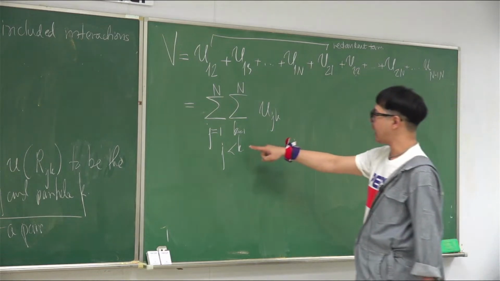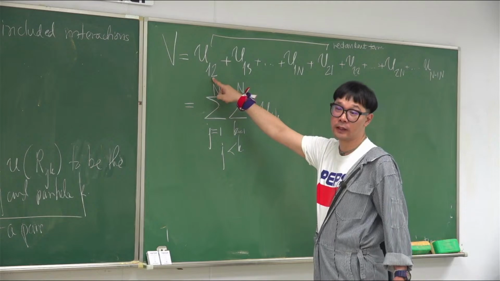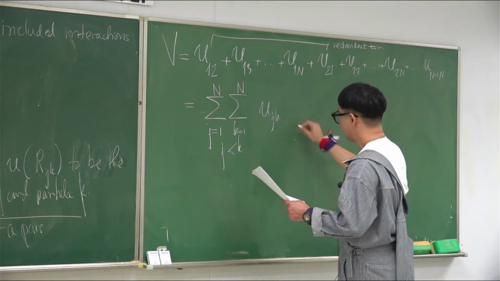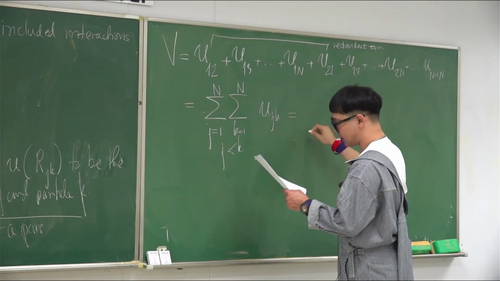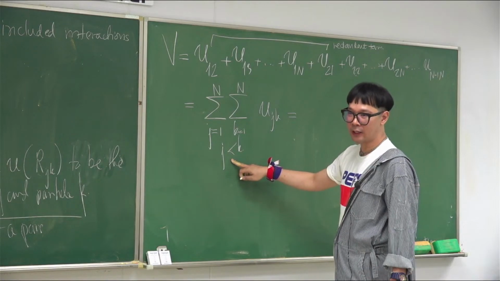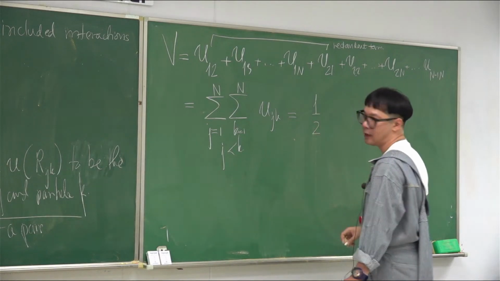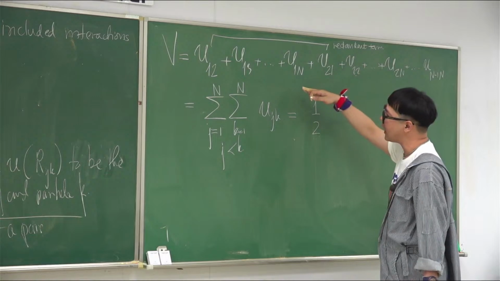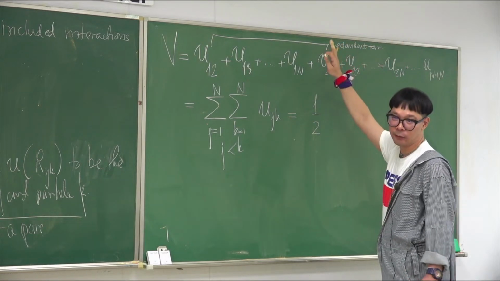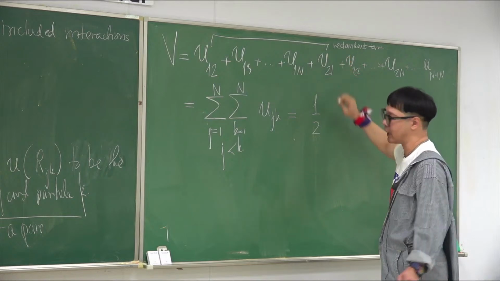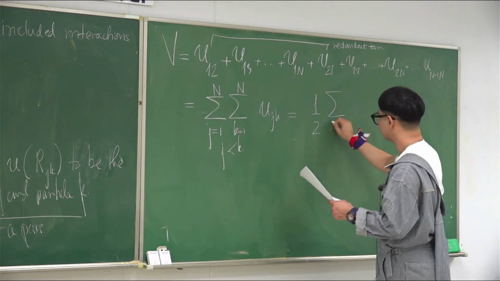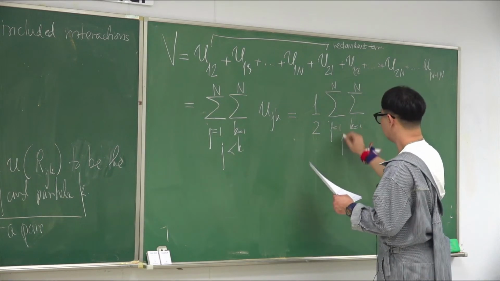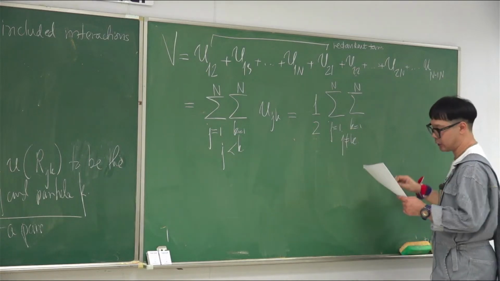So we have to take care that you consider only one term. It means that you have to put this inequality into this. And if you don't want to put this inequality, you can divide by half of it, right? Because after you consider all the possible pairs and then take out all the redundant terms, just half of it actually survives, right? Now, J not equal to K, right?